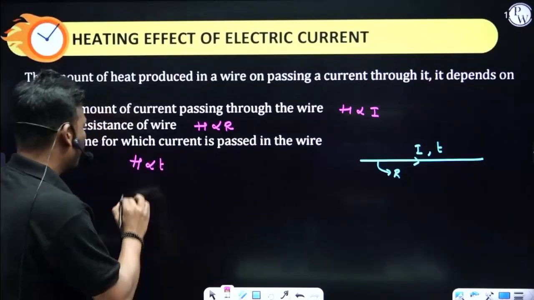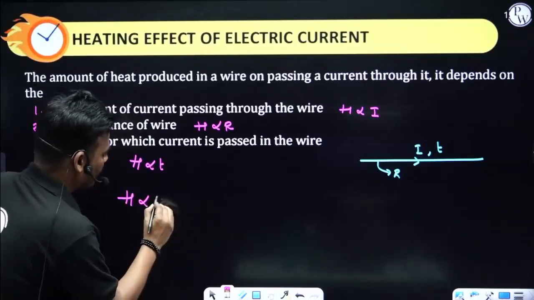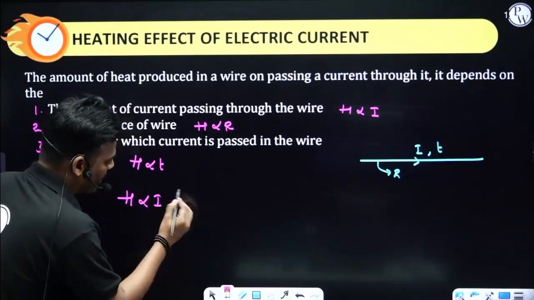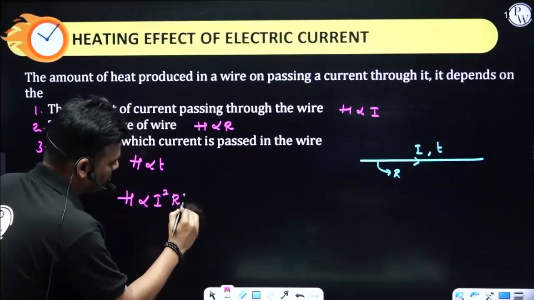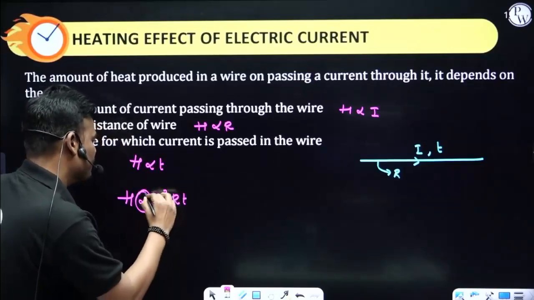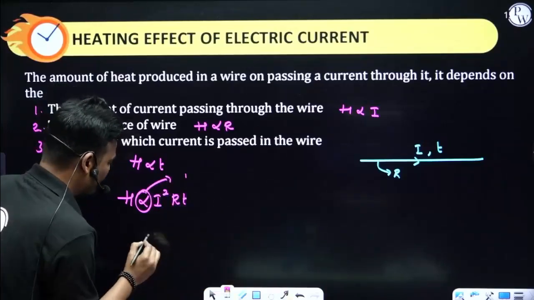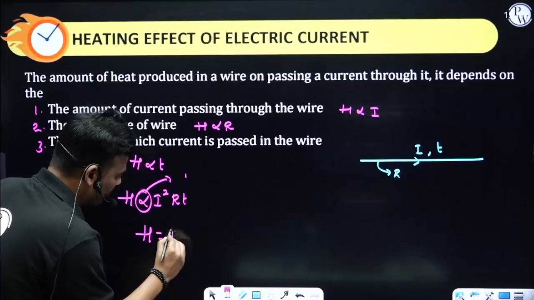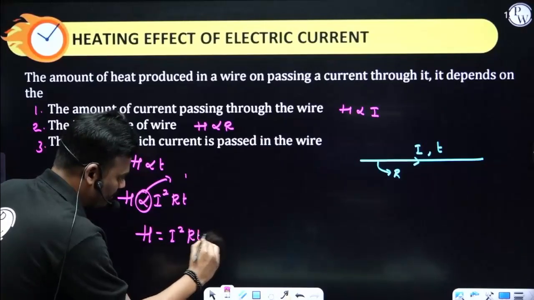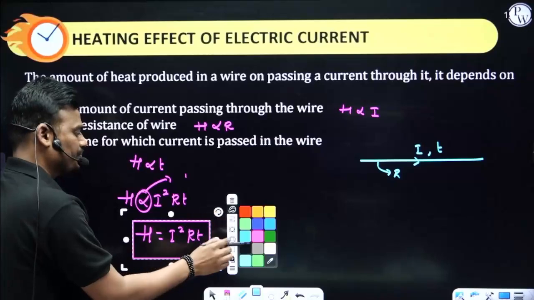Combining all together, H is directly proportional to I square R T. Let's consider the proportionality constant as 1. Finally, you will get H equals I square R T.